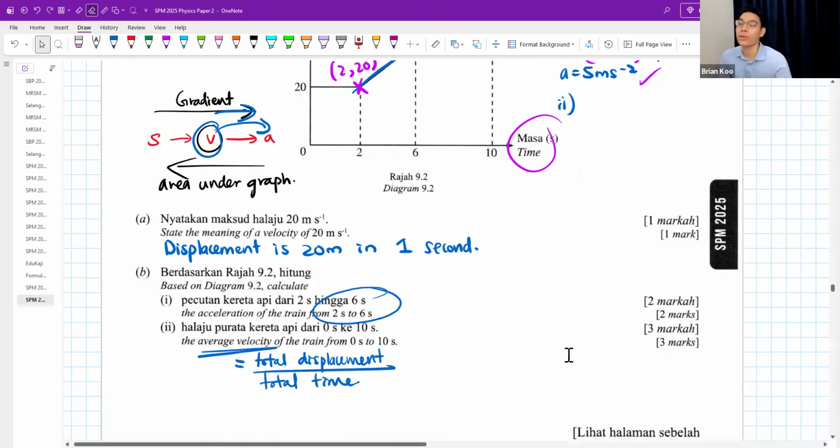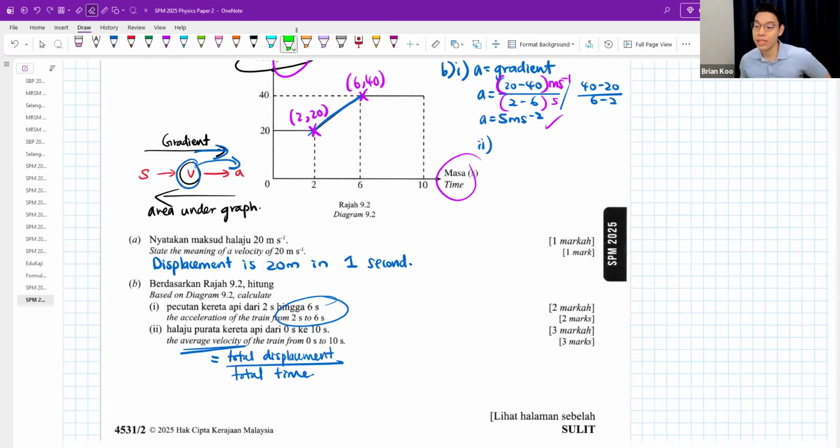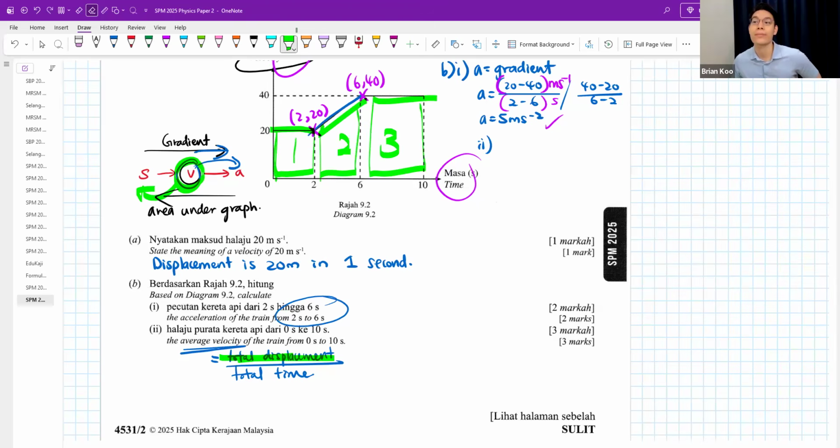The problem is we do not know what our total displacement is, and you need to find it first. To find total displacement, you need to go from velocity graph to displacement. You need to find the whole area under the graph first. Okay, and there are many ways you can do it. You can treat this as a rectangle, this as a trapezium, and then this as another rectangle. Add 1, 2, 3 up.